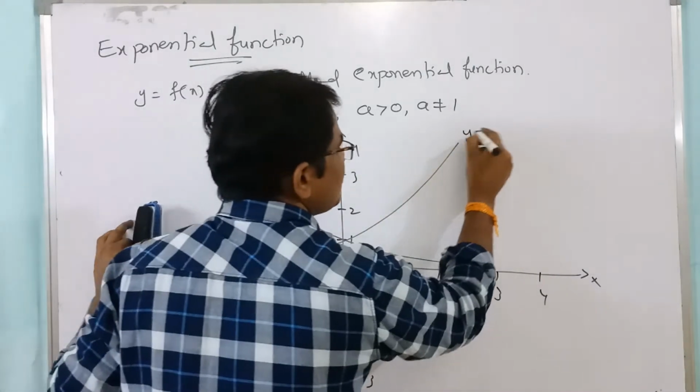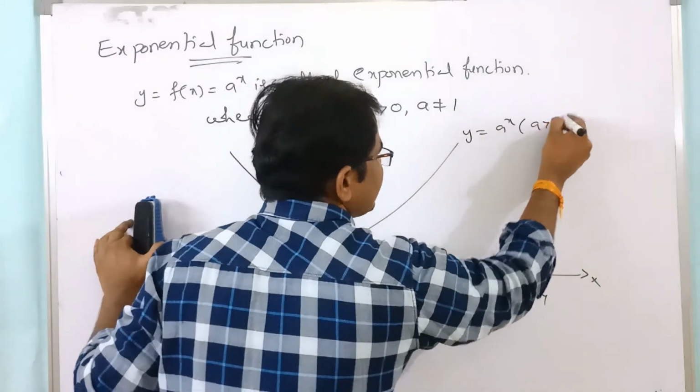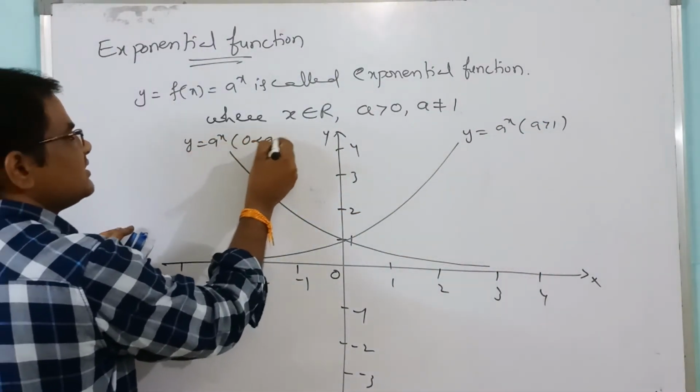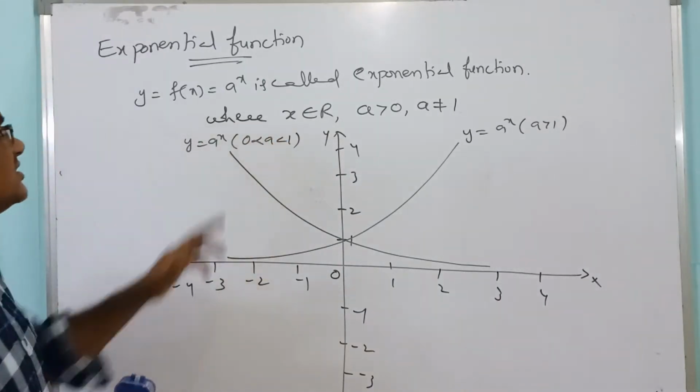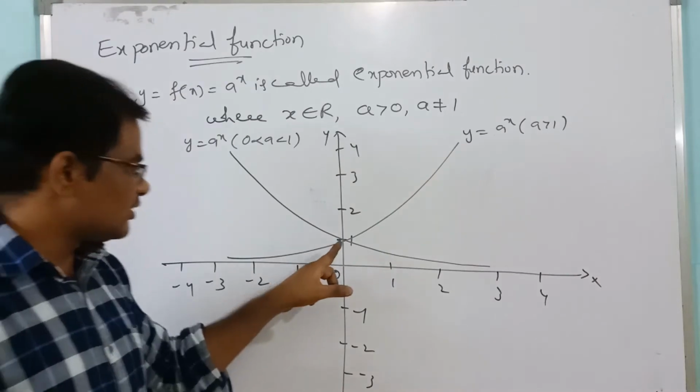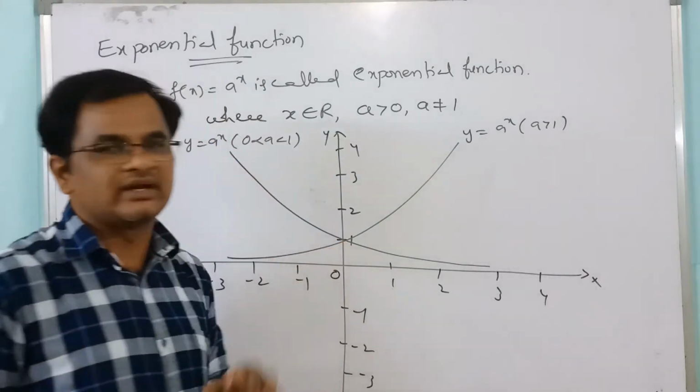This is y equal to a power x whenever a is greater than 1. This is y equal to a power x whenever a is between 0 and 1. Right? Both intersect the y-axis at 1.